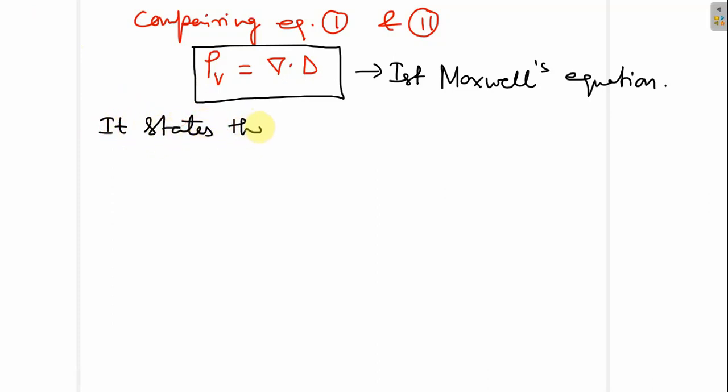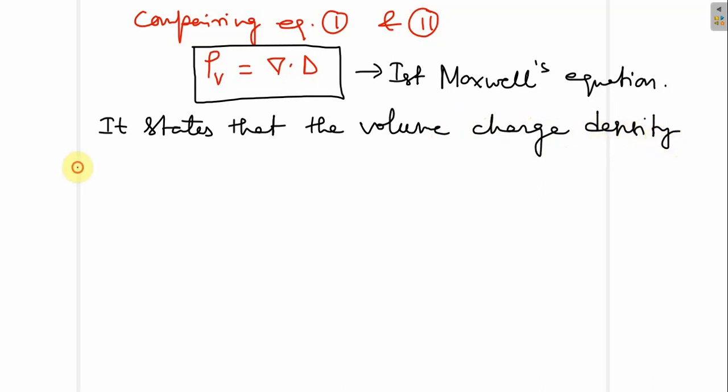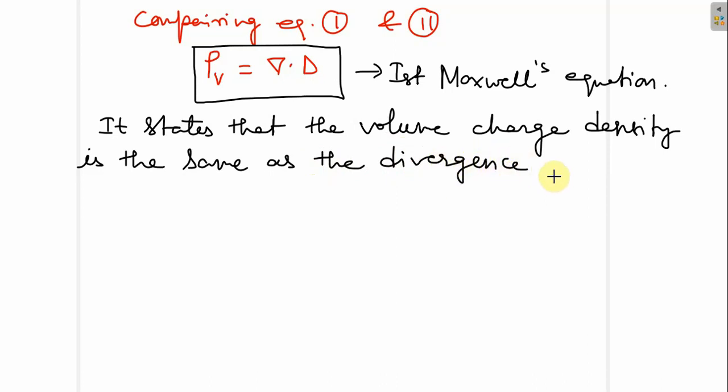It states that the volume charge density is the same as the divergence of the electric flux density.